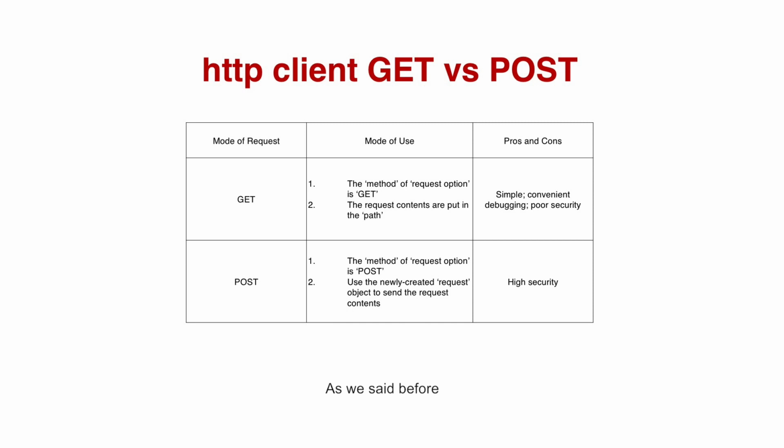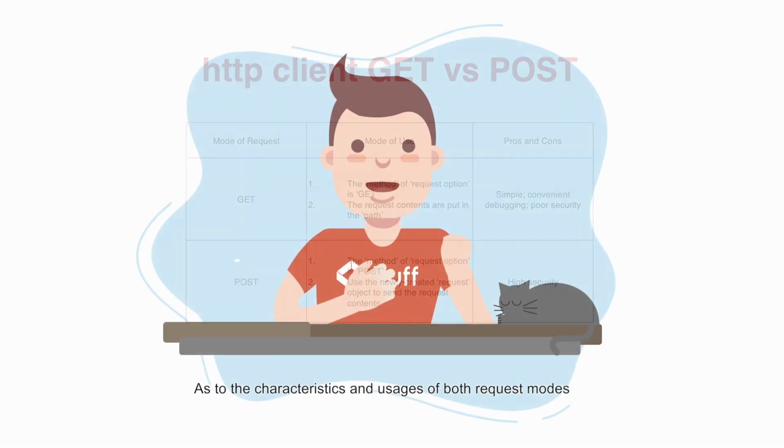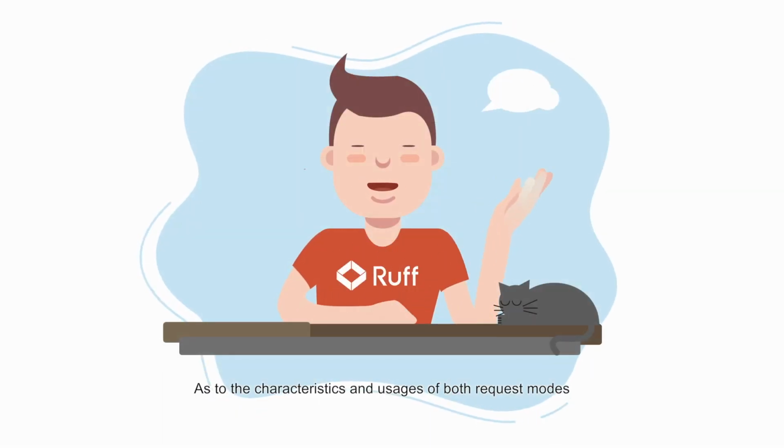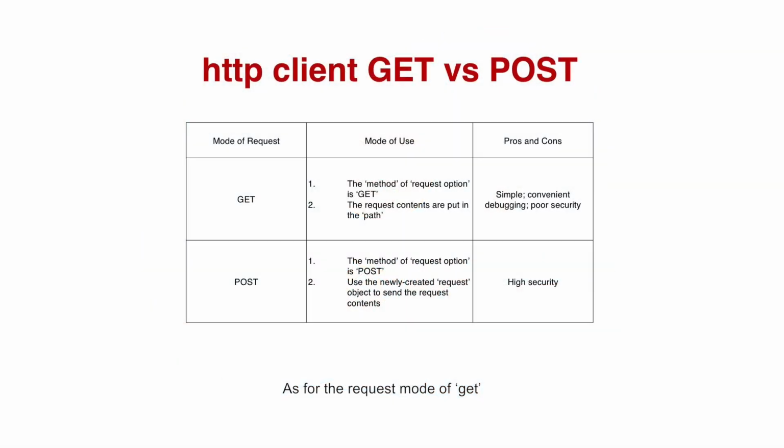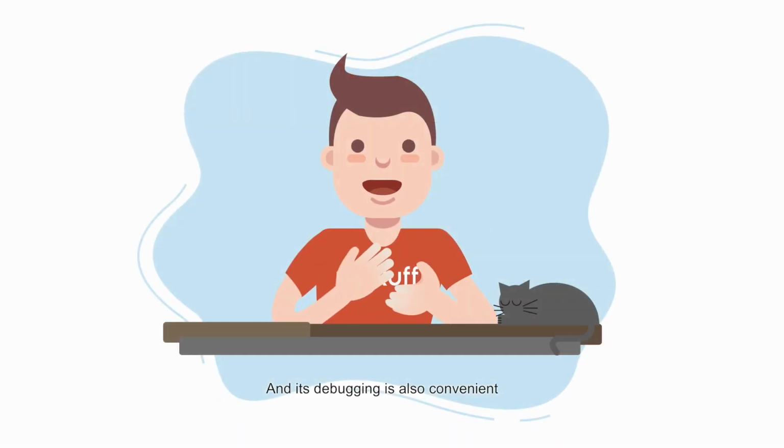As we said before, there are indeed two request modes for client, namely get and post. As to the characteristics and usage of both request modes, we may look at the table below. As for the request mode of get, if we want to send some request contents, such request contents must be put in the path, and its advantage is its simplicity, and its debugging is also convenient.